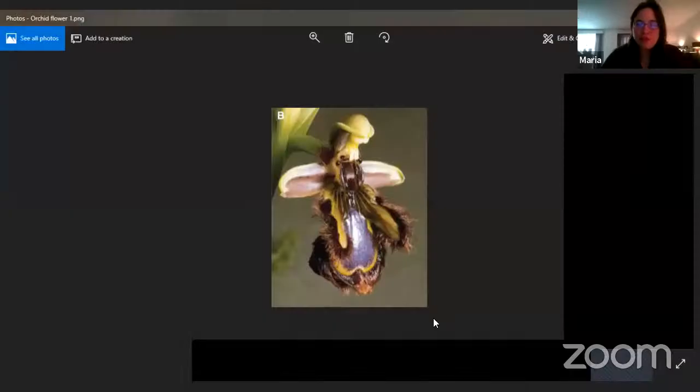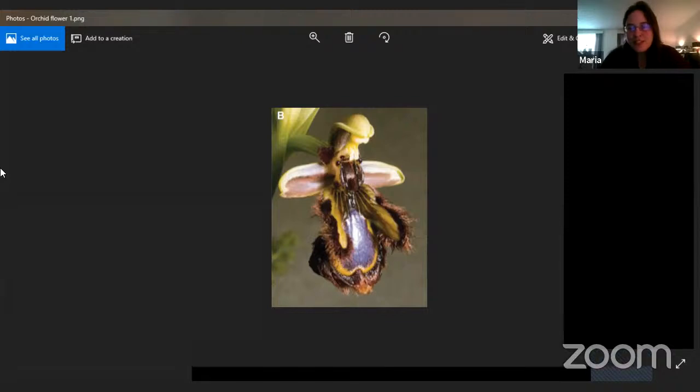So hopefully now you can see the photo of a very interesting orchid. What you can see in this orchid is that one of the petals looks very much like a wasp, in fact, like a female wasp. And in this particular species of orchid, male wasps are attracted to this orchid flower, and they come and try to mate with this, well, let's say mimicked female wasp, and in that way help to pollinate and propagate the orchid.